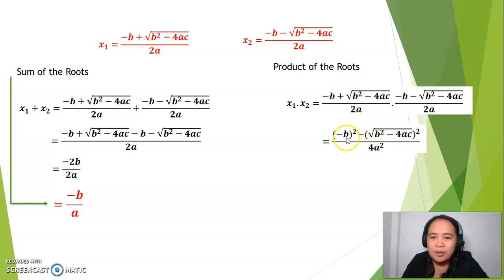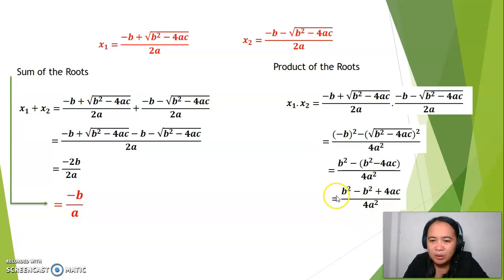So therefore, negative b squared, it's b squared, and with this we can cancel the radical sign and 2, and we will have negative quantity b squared minus 4ac quantity all over 4a squared. Now to eliminate the parentheses here, we will simply distribute the sign inside. So with this, we'll have negative b squared, negative and negative, that's positive 4ac over 4a squared.